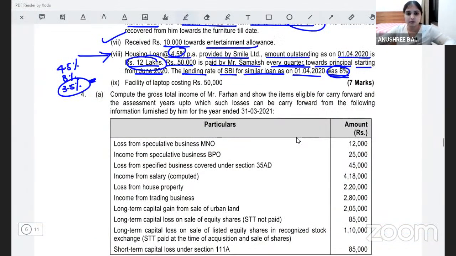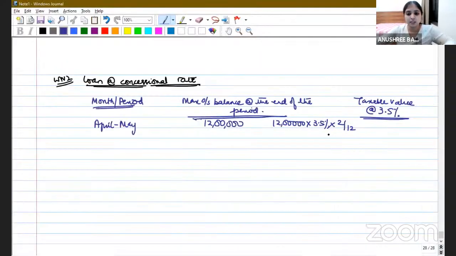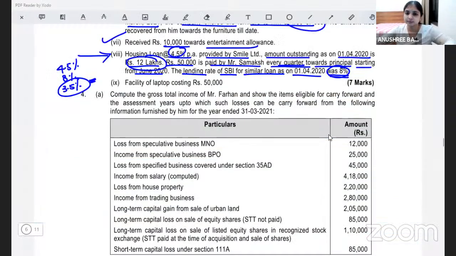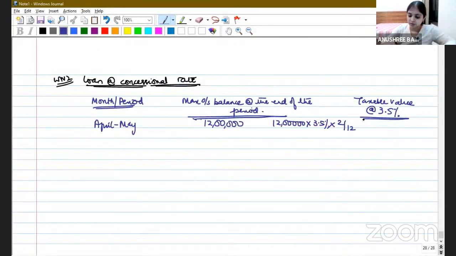So 12 lakh into 3.5% into 2 by 12. So how much will this be? 7,000, right? So April to May, 7,000.